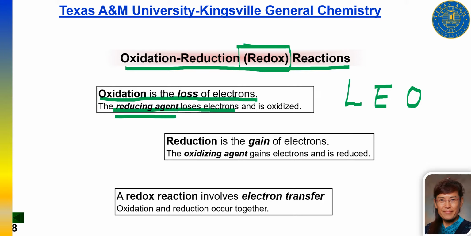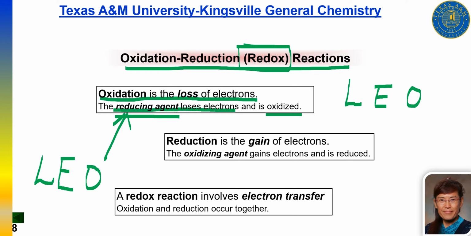This reducing agent is going to be oxidized. Your LEO is the nickname of your reducing agent. So again, our reducing agent has a name of LEO, meaning that half reaction is going to be called oxidation reaction, involved in the electron loss.